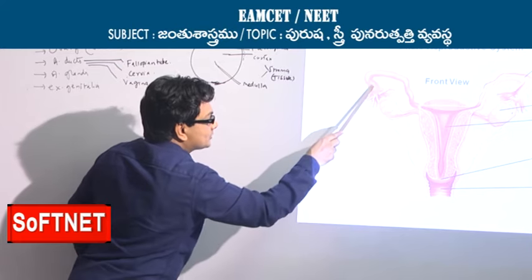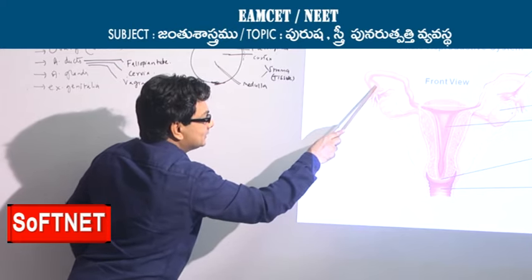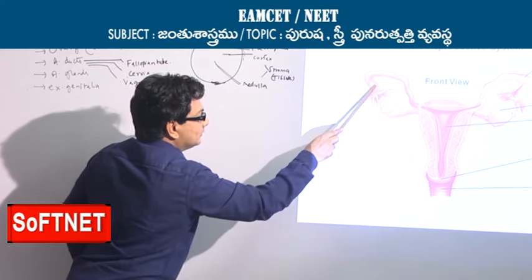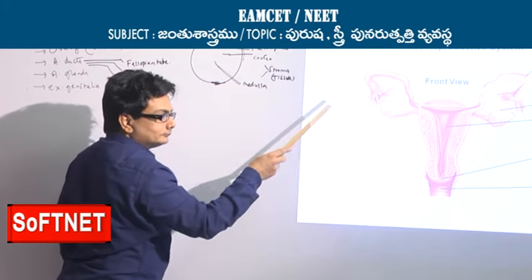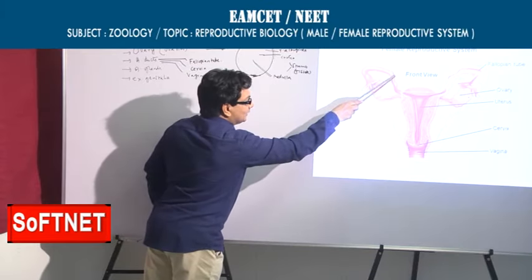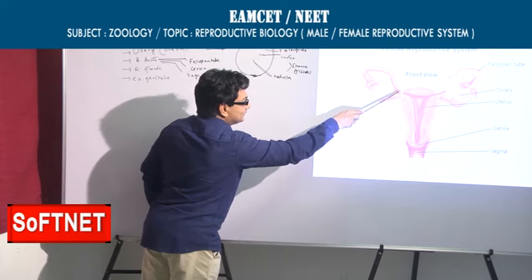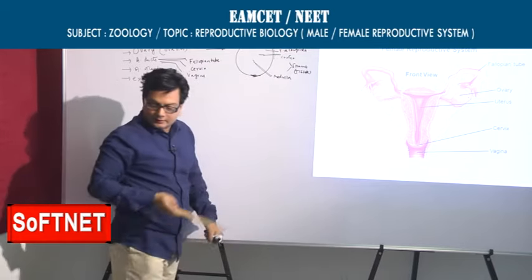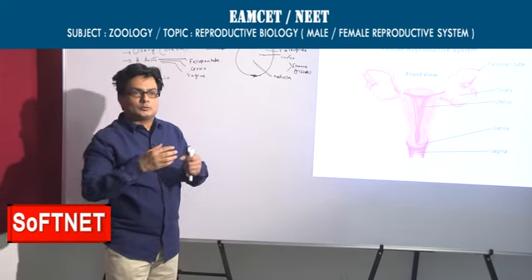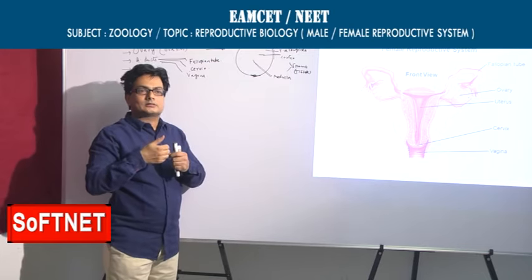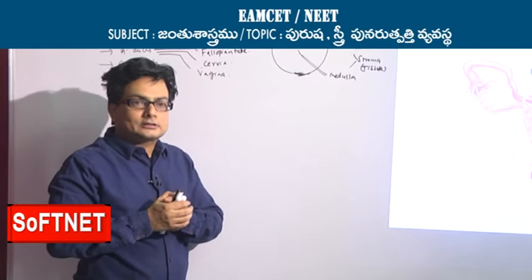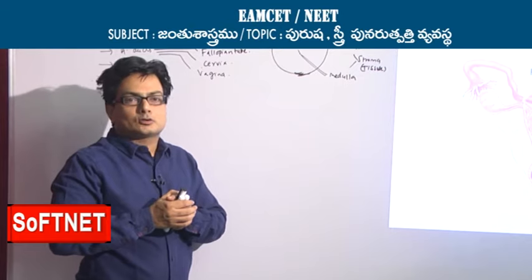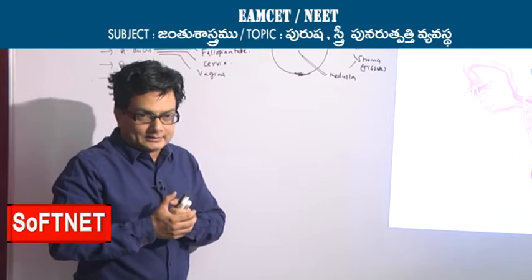Now this fallopian tube is divided into 3 areas: the infundibulum, ampulla, and the isthmus. We generally highlight the junction between the ampulla and the isthmus, and call it the ampullo-isthmic junction, which is the site of syngamy or fertilization.